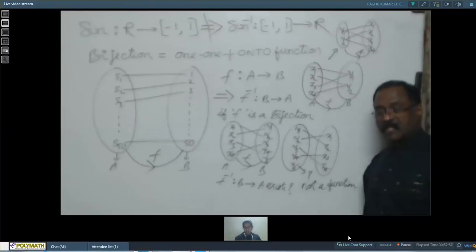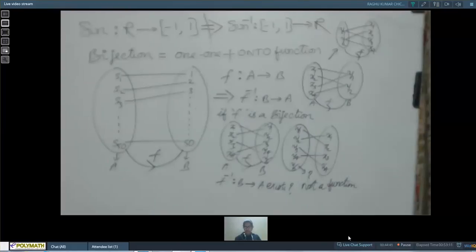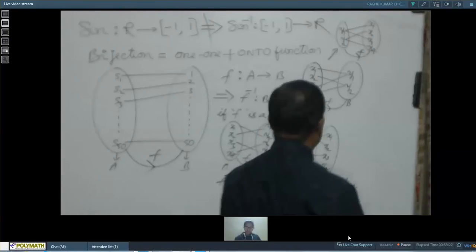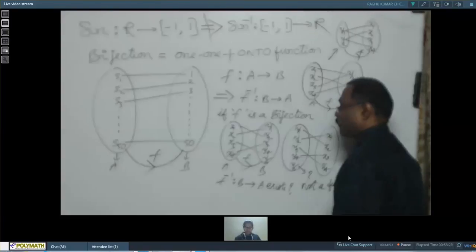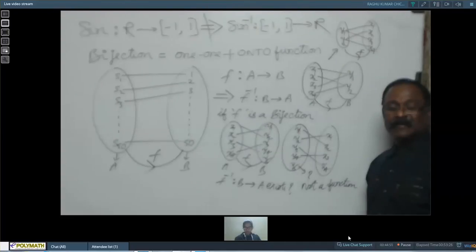You repeat. Any element of the domain has no image, then it's not a function. Very good. And point number two, please. If any element of the domain has more than one image, it's not a function.